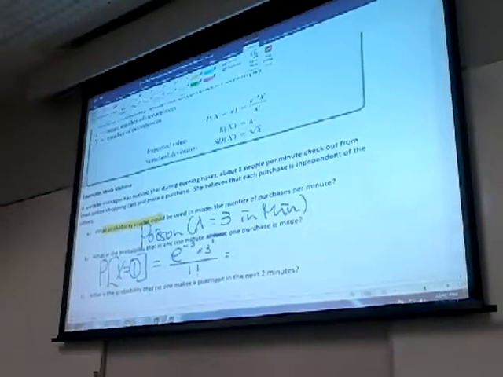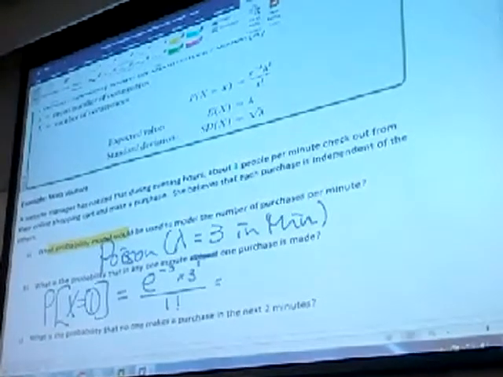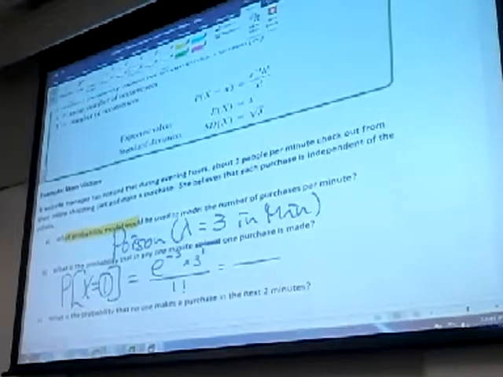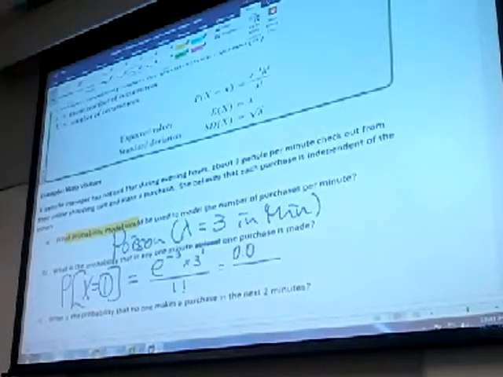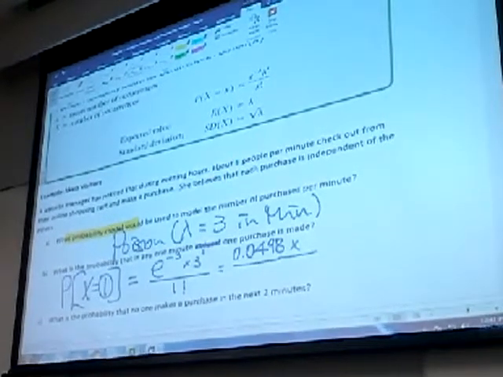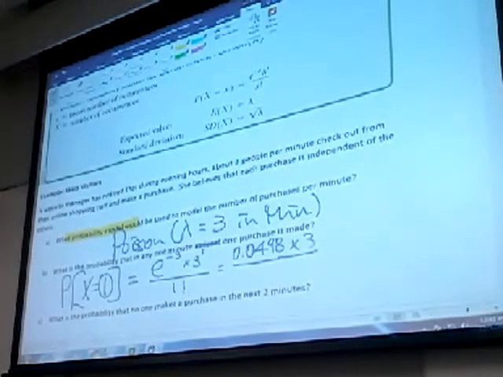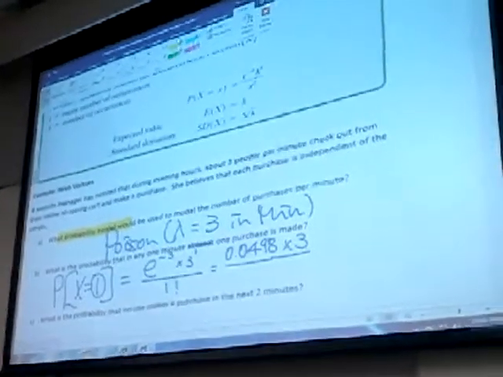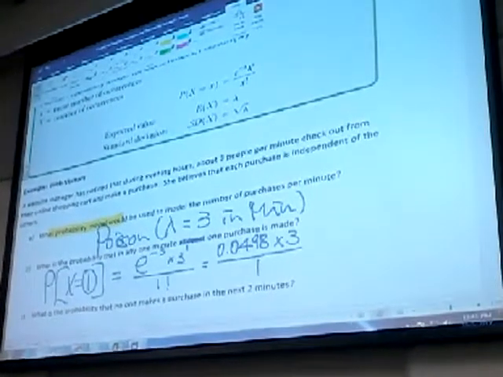Can you tell me how much will be e to the negative 3? 0.0498. How much will be 3 power 1? 3 itself. And how much was 1 factorial? It was 1.